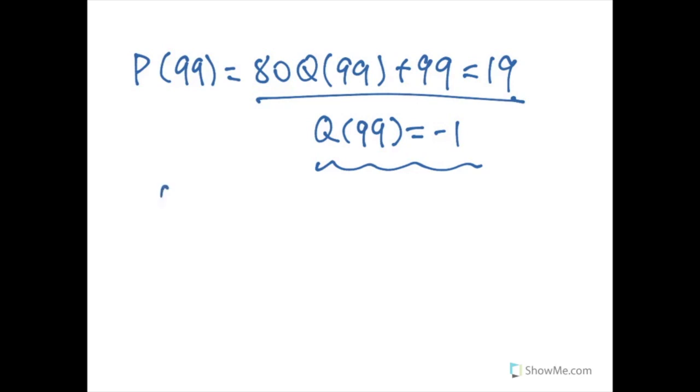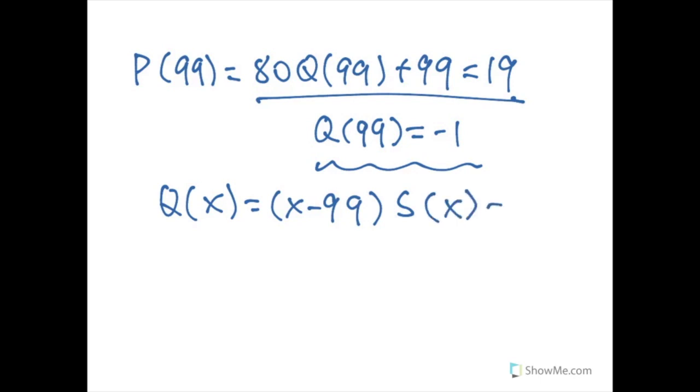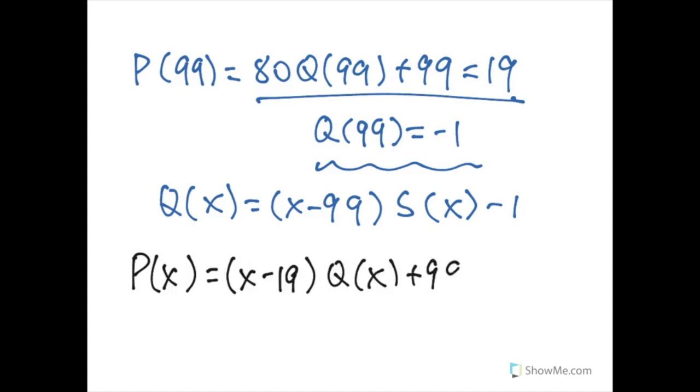So we can write that q of x is equal to x minus 99 times some function s of x minus 1. And now we have that p of x, which is equal to x minus 19 times q of x plus 99. We can replace the q of x in here with this expression that we've worked out, right?